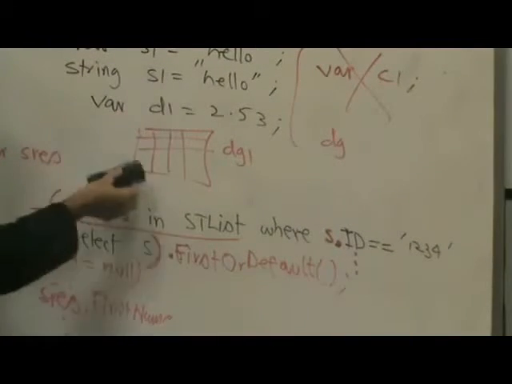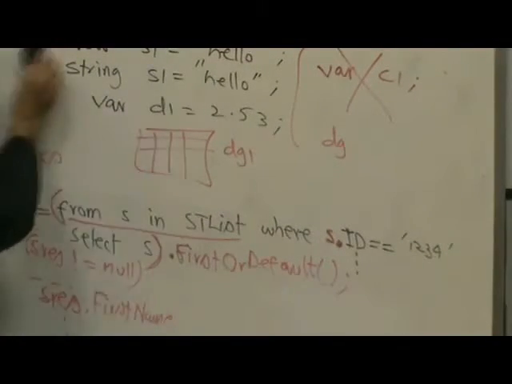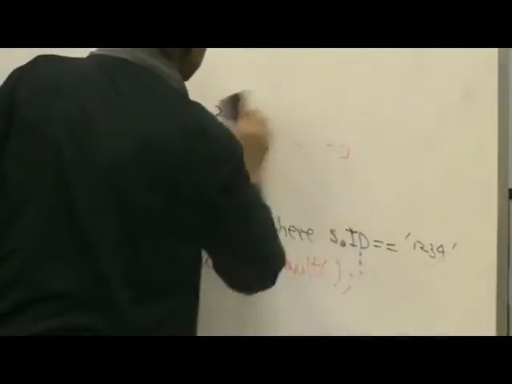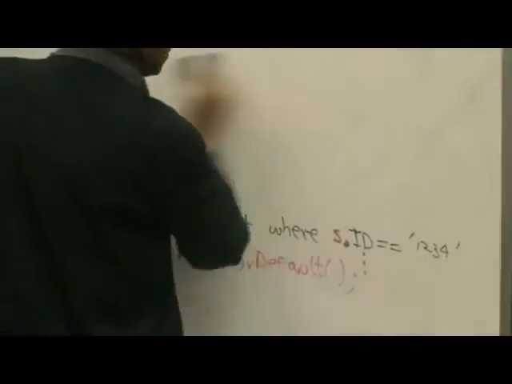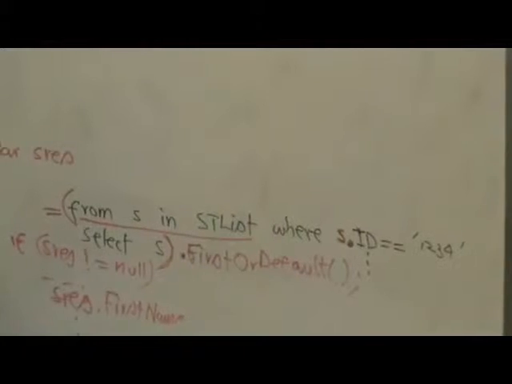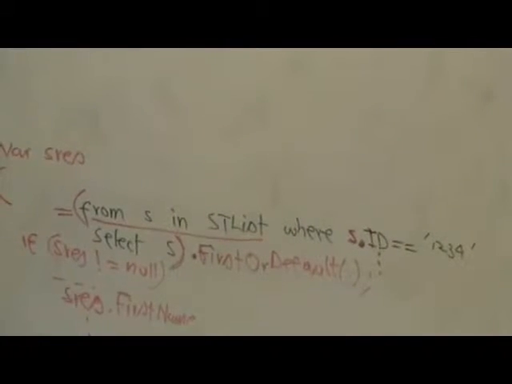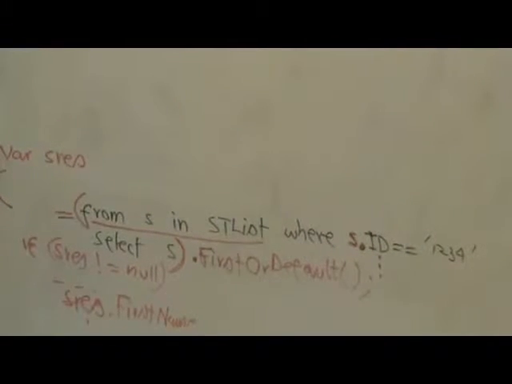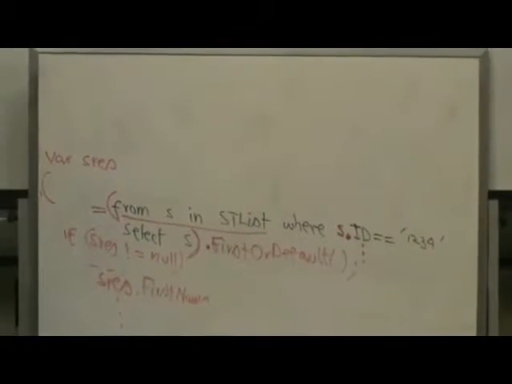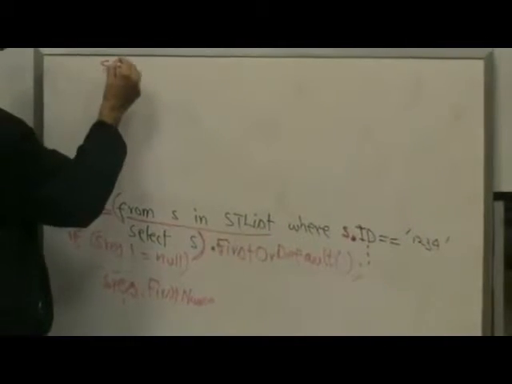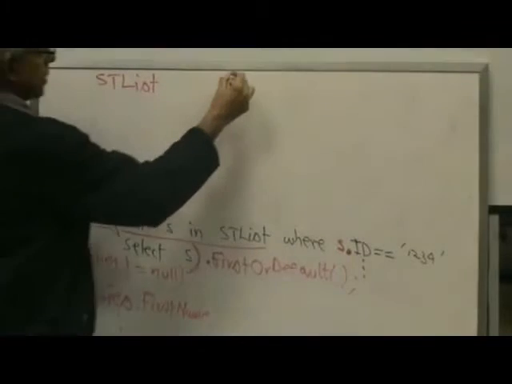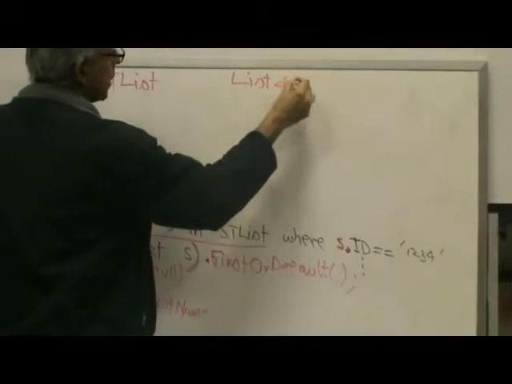Let me issue a different SQL and show you the data grid view. Okay, so suppose you have a list of students, and suppose that list is called ST list. Okay, so this is basically a list of students.